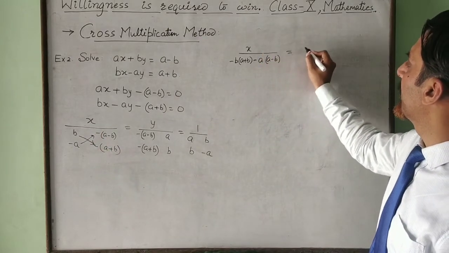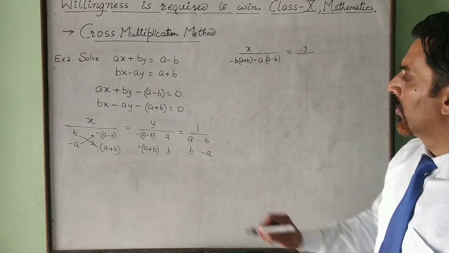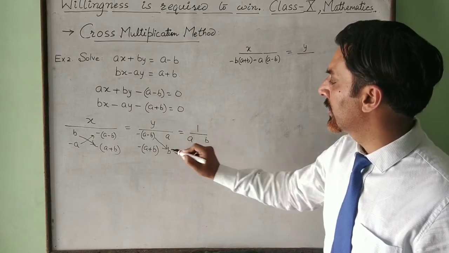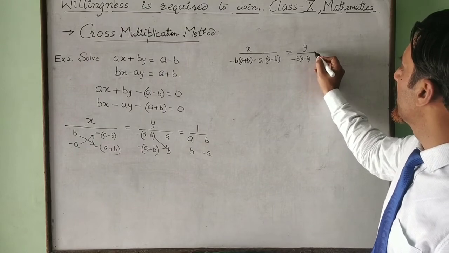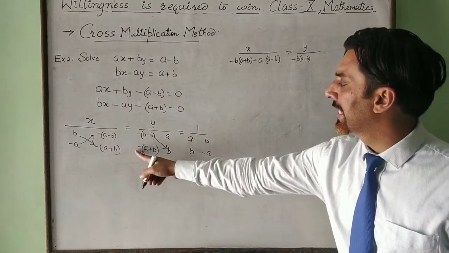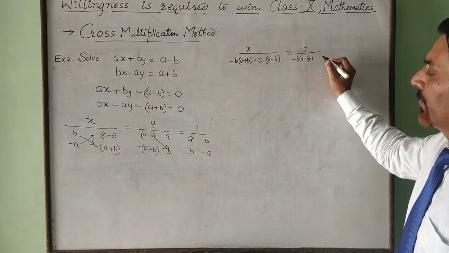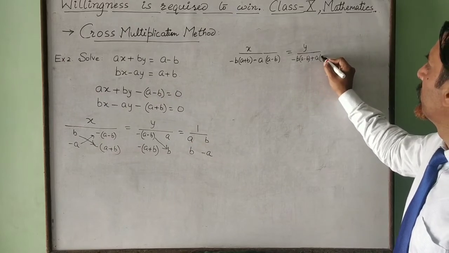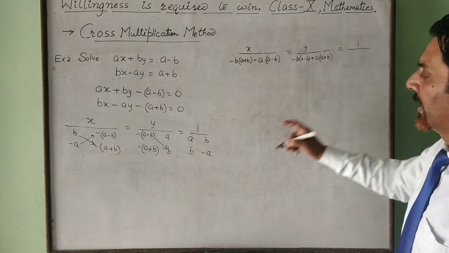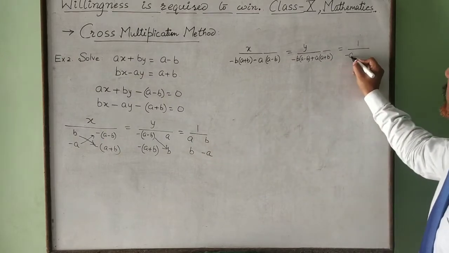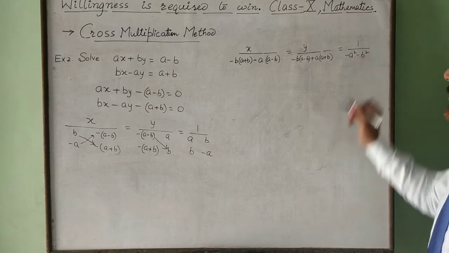In the same way I can write for y also. First of all, this minus b, a minus b, and then this minus, and the minus of the formula will give me positive a into a plus b. For the constant 1, I have minus a square and minus b square.